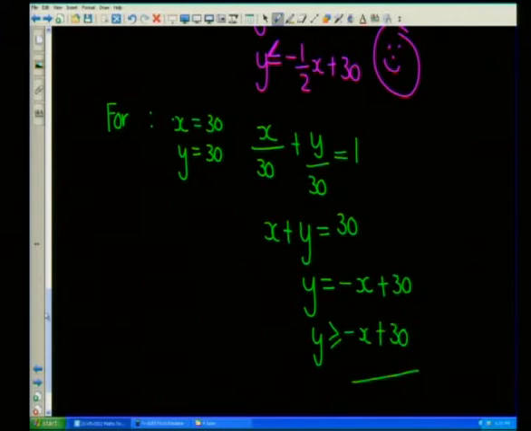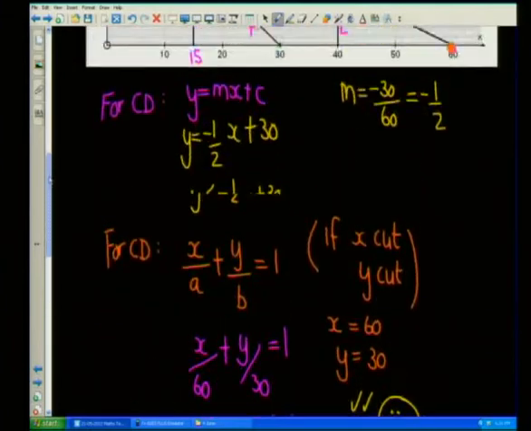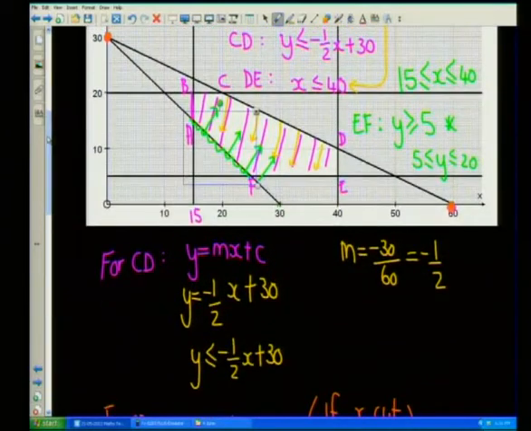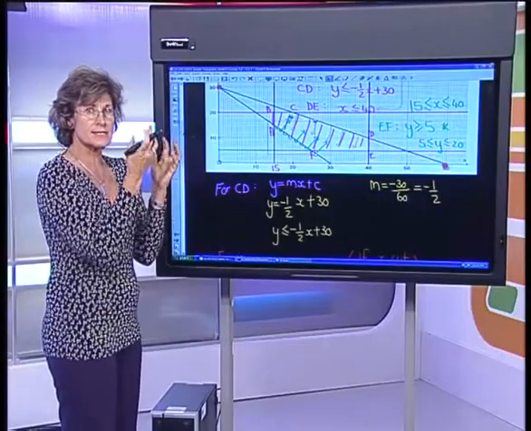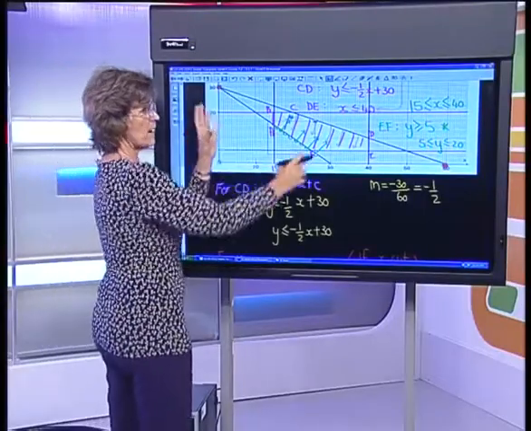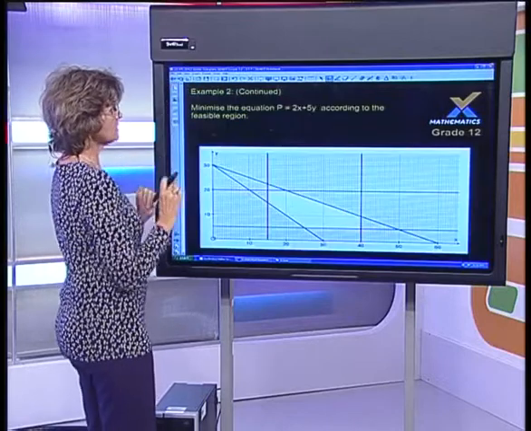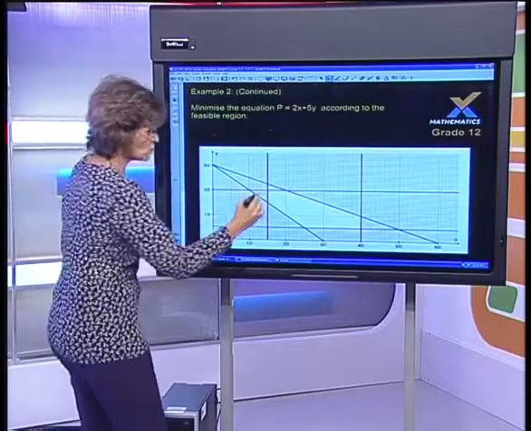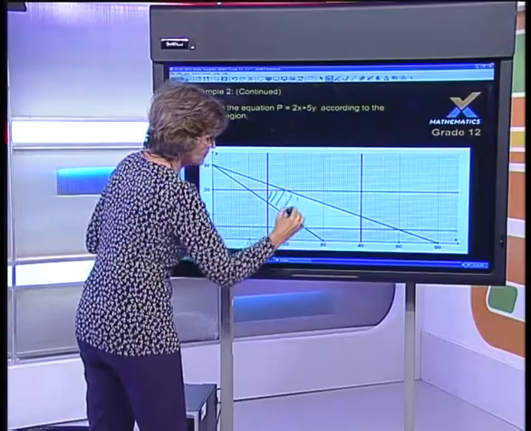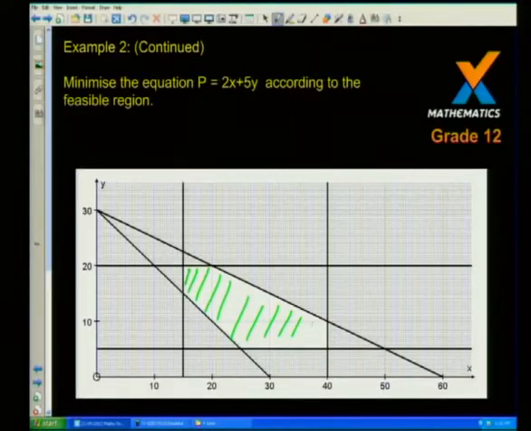Right, so guys, that kind of question really is not meant to be difficult, but you can see that it tests everything you know about straight lines. I'm going to move on to the next concept that talks about what to do once you've got your feasible region, which remember is this bit here. The whole thing about linear programming is normally to minimize or maximize.